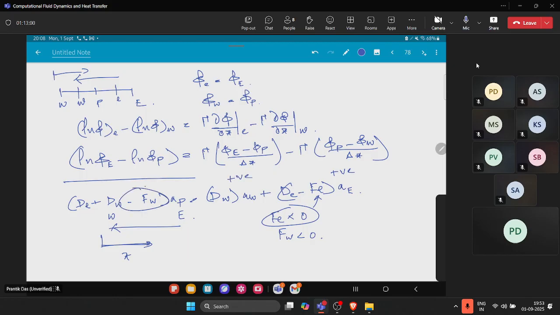D and DW are positive irrespective of the flow coming from east to west; it doesn't matter. Since FW is negative, minus FW is positive. So this whole thing is positive, and this one is negative as I have written below this term, and therefore this one should be positive.